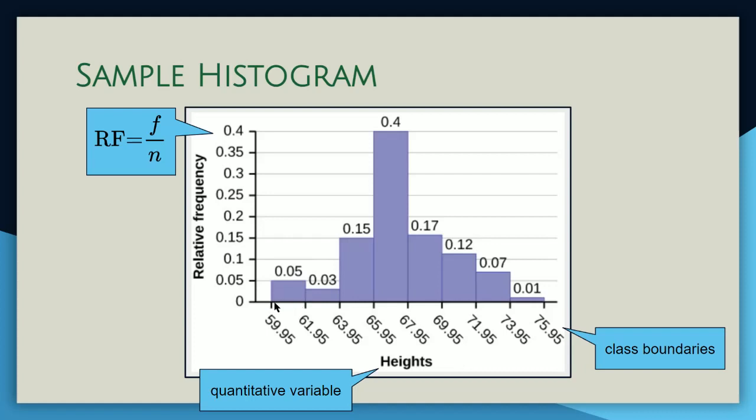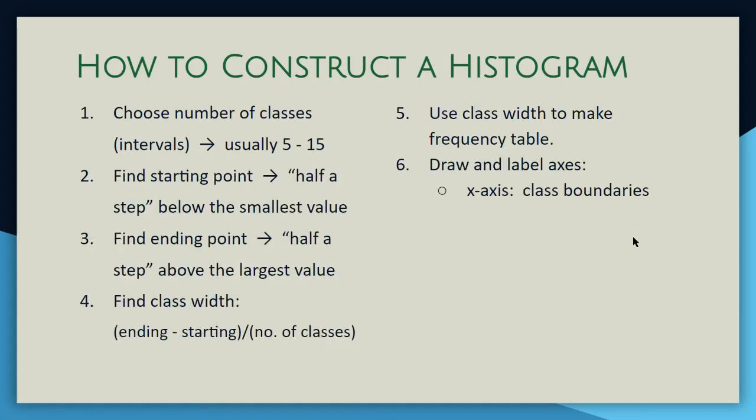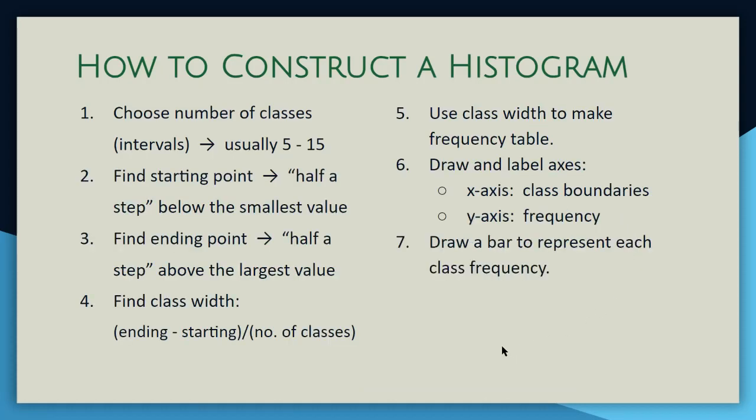They went half a step below 60.0 and half a step above 61.9 so that those data values aren't on the edge of a box. We don't want data values on the edge of a box because then we can't tell, does it belong in the box behind 61.9 or does it belong to the box in front of 61.9? Where did it get counted? So this long step list that we see on this slide is all about preventing data points from falling on the edge of one of those bars in our frequency table and our histogram.